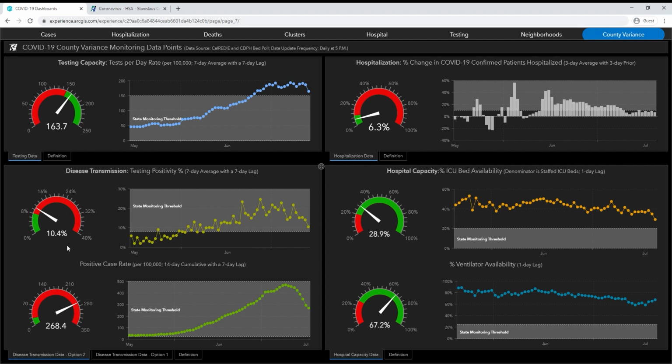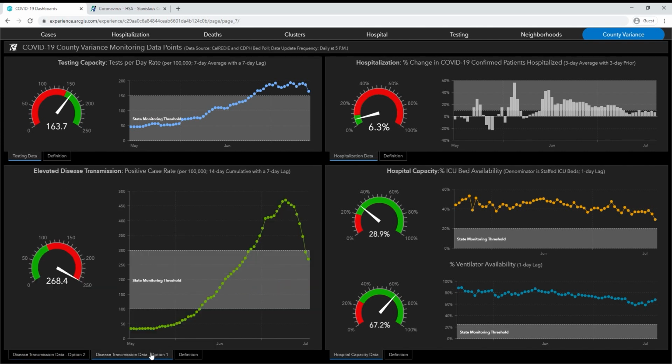On the dashboard, you can see the testing positivity for a 7-day average is 10.4%, and our current positive case rate for 14 days is 268.4. Based on these two measures, we have met the definition of elevated disease transmission. These numbers will change and vary based on the testing positivity as well as the positive case rate.